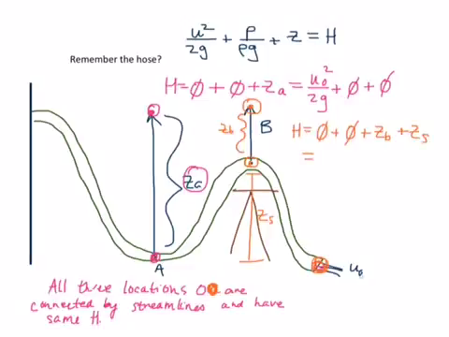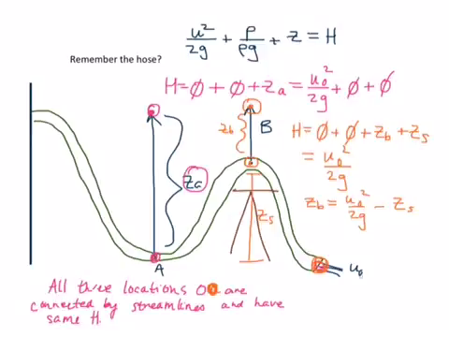And we could, again, set this equal to the total head at the outlet, which is u naught squared over 2g. So what we see, therefore, is that z sub b equals u naught squared over 2g minus z sub s. You'll note, though, that u naught squared over 2g is just equal to z sub a according to this equation.